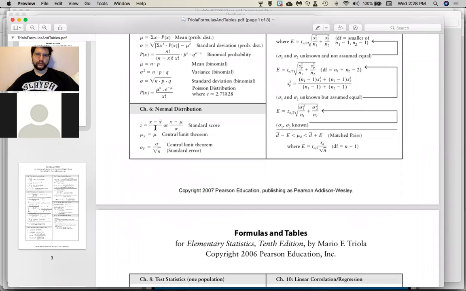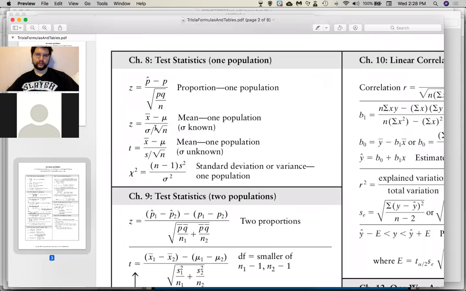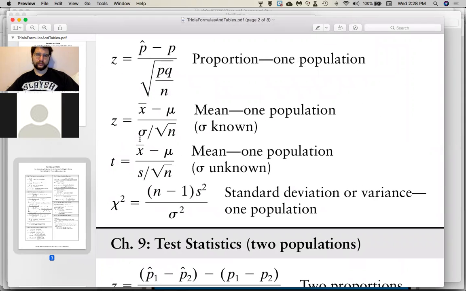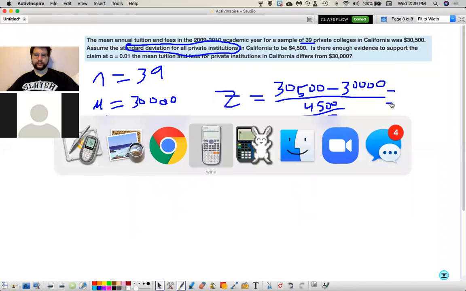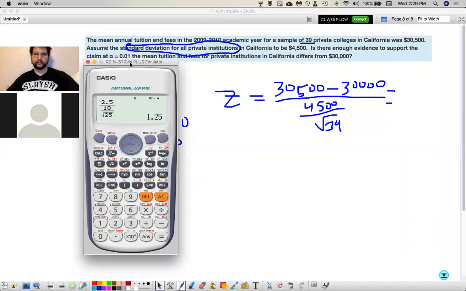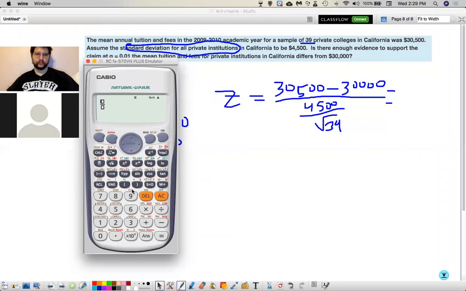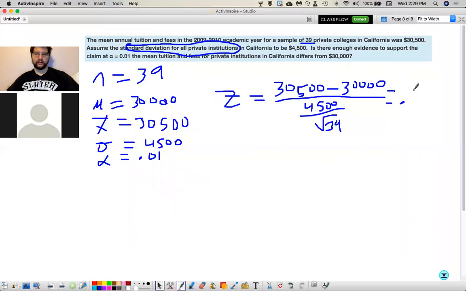Right here. So plug that in and see what happens. And we get 0.6939.